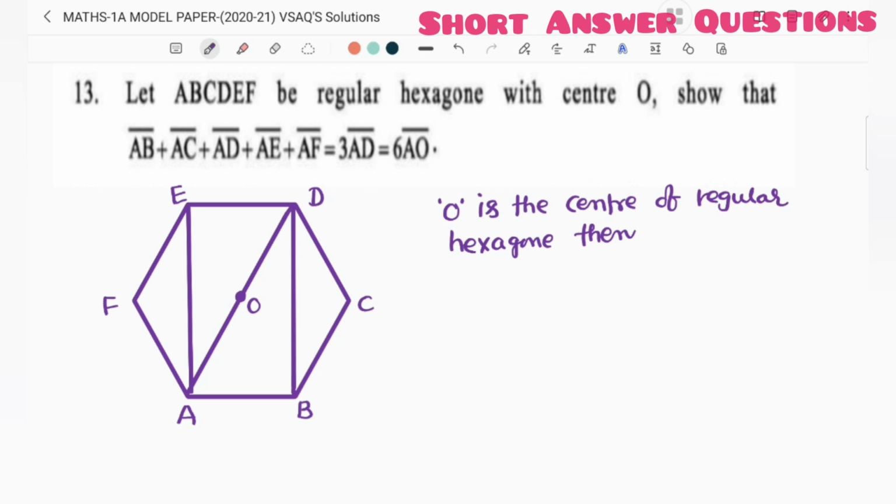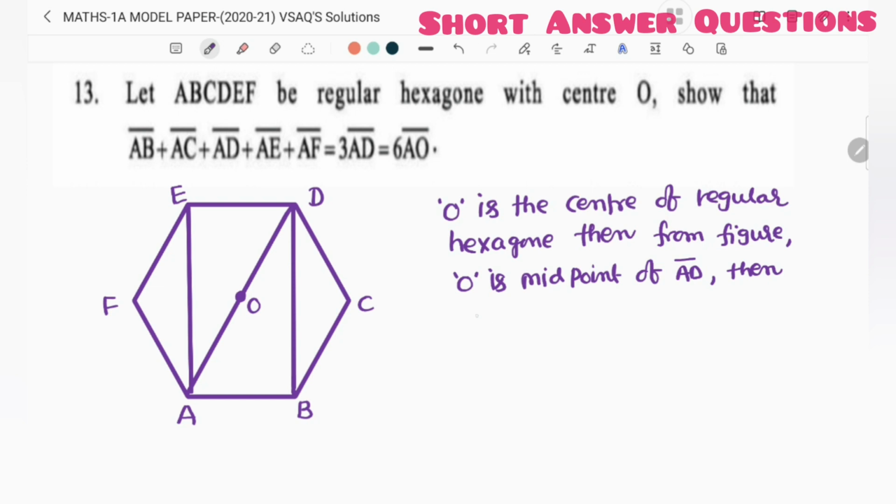So AD midpoint is equal to O. Then from figure O is the midpoint of AD, so therefore we have AO is equal to OD. Why? Because they are midpoint.